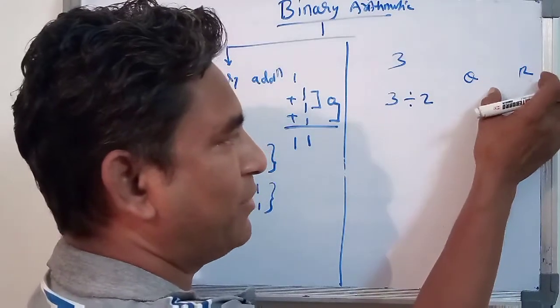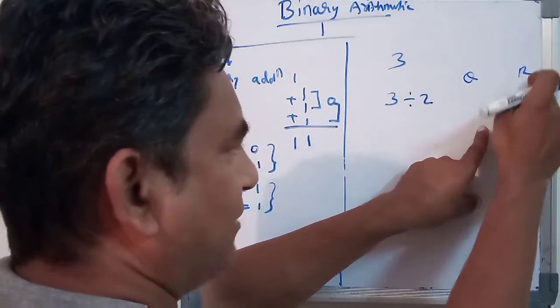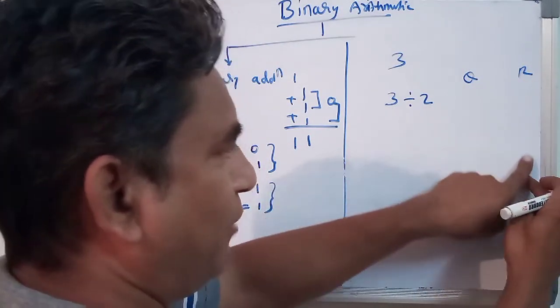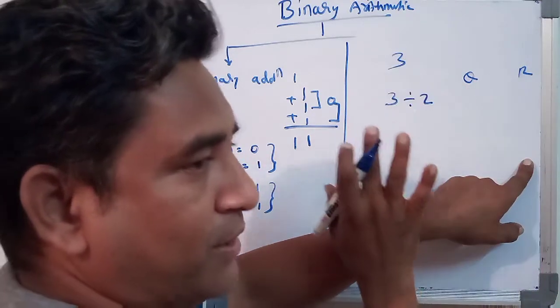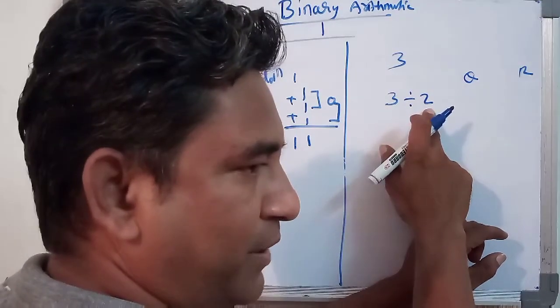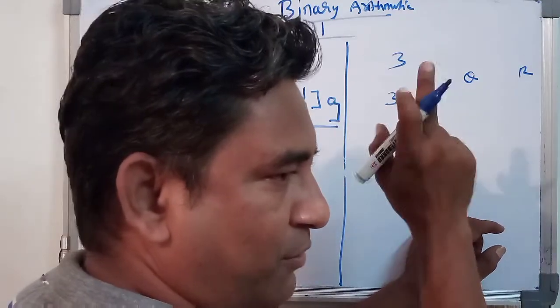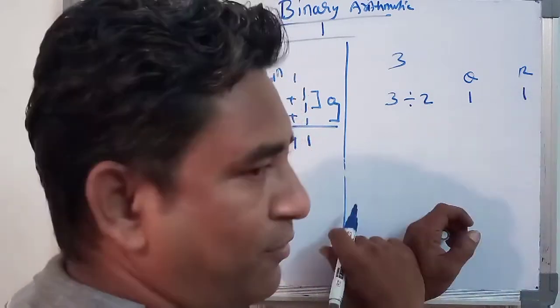We are very much concerned with this remainder. Whatever the remainder value is, it has to be written in the form of ones and zeros. So 3 divided by 2, what will you be getting? 2 ones are 2, then the remainder will be 1.